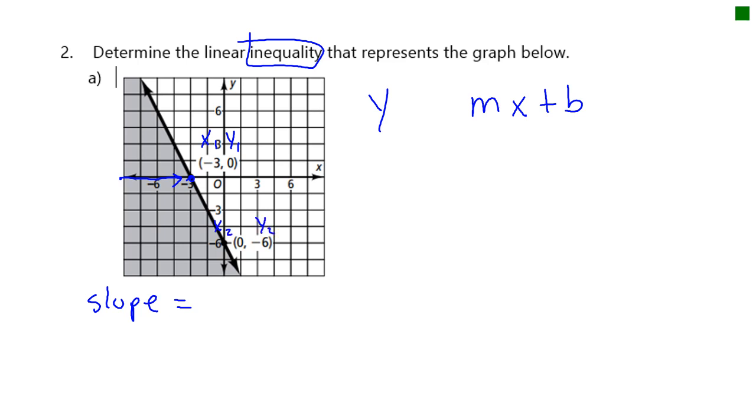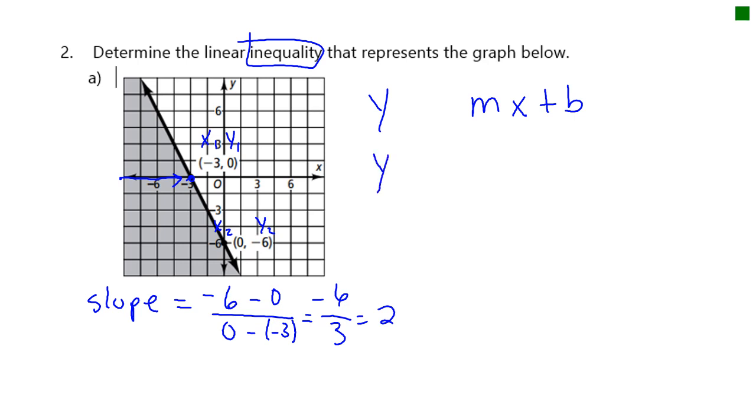So y2 is negative 6 minus 0, over x2, which is 0, minus x1, which is negative 3. Negative 6 minus 0 gives me negative 6, and 0 minus negative 3 gives me positive 3. Negative 6 divided by 3 gives me negative 2.